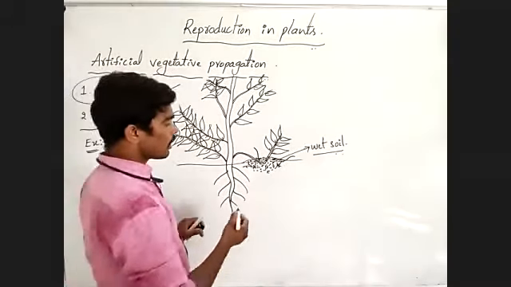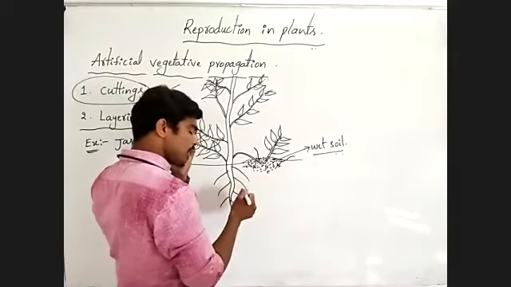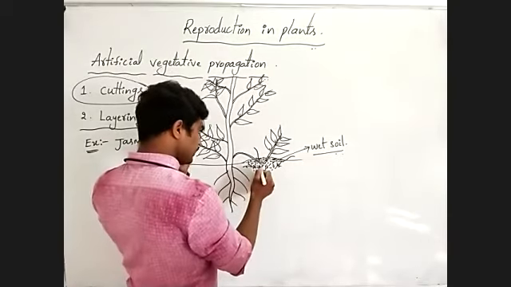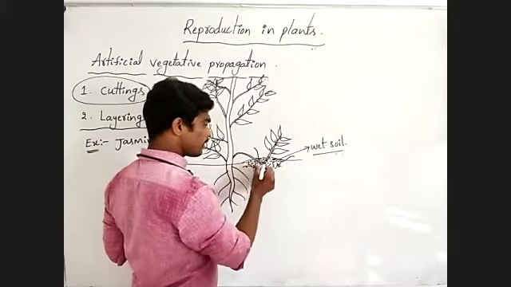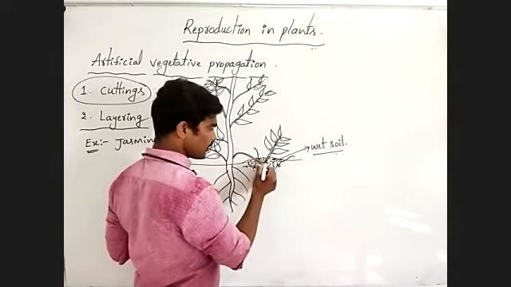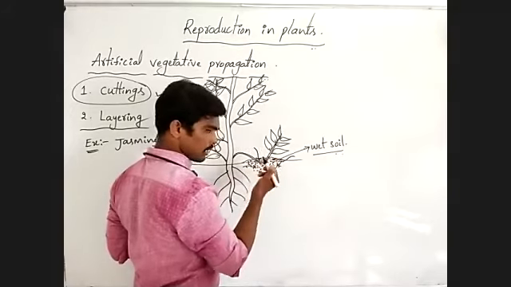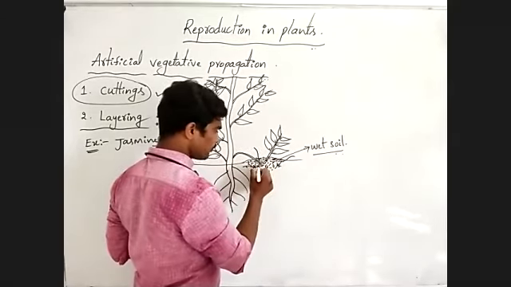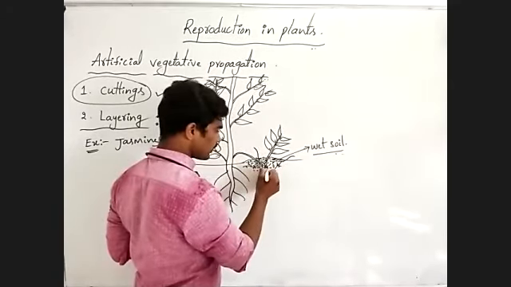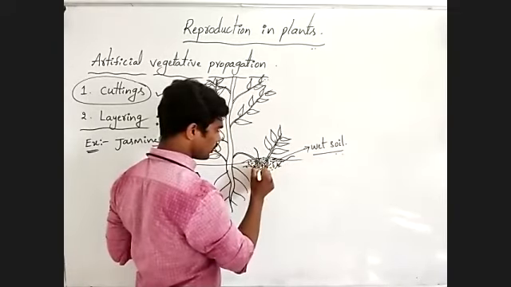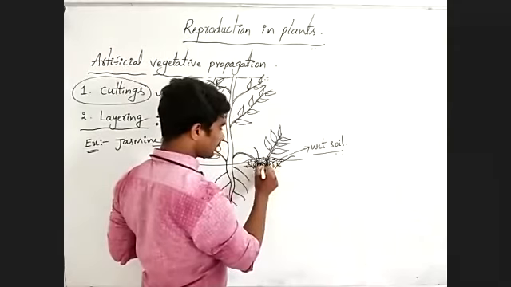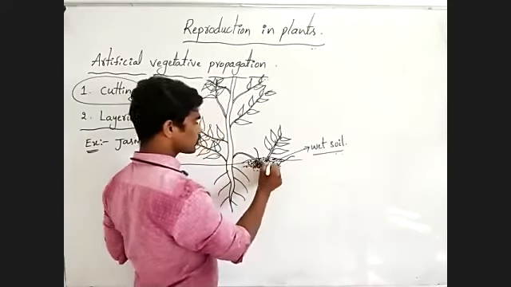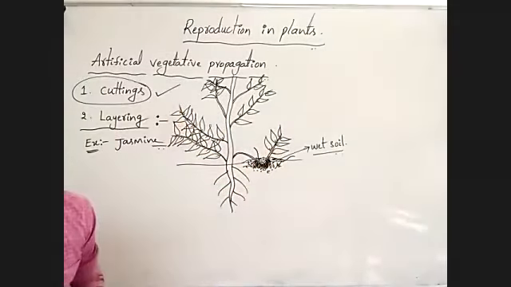Next, after some time, what happens? From the buried portion of the stem, adventitious roots are developed into the soil like this.